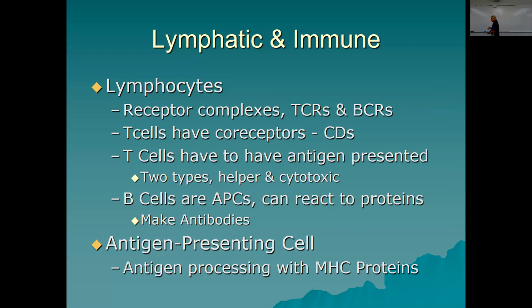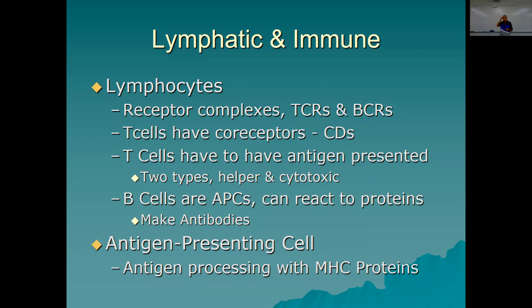T cells have co-receptors, CDs. These are receptors that bind other cells, and when we get to the T cell receptors, we'll learn that there are two types, CD4 and CD8: killer cells and helper T cells.